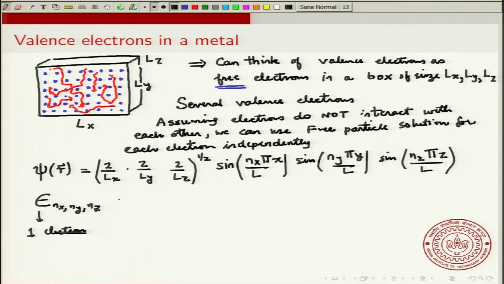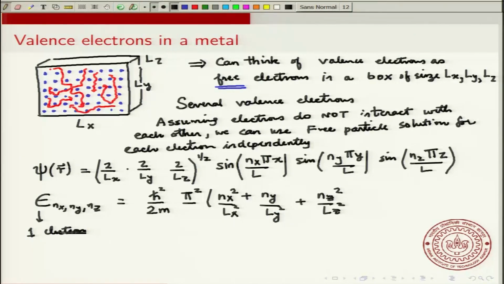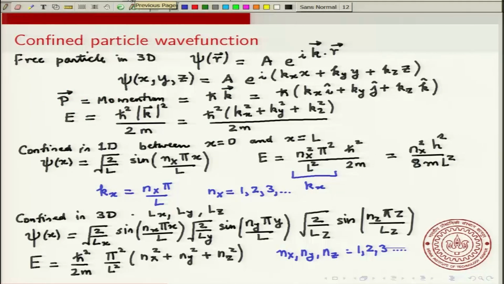So for one electron, this energy will look like h cross square by 2m, and then k square will look like pi square nx square by Lx square plus ny square by Ly square plus nz square by Lz square. I think I have to make this correction in the previous slide also, so I will go back and make it.